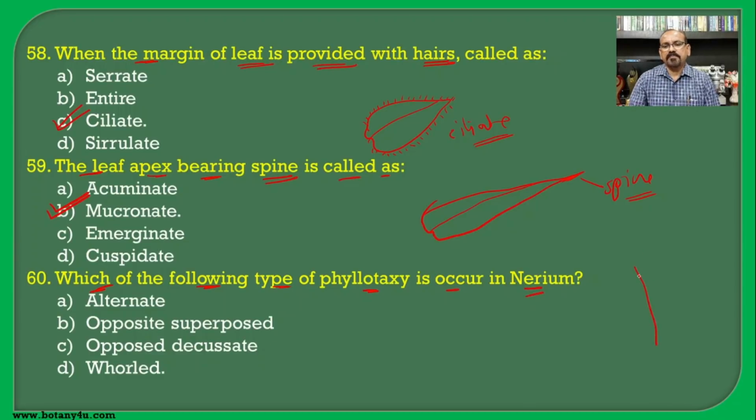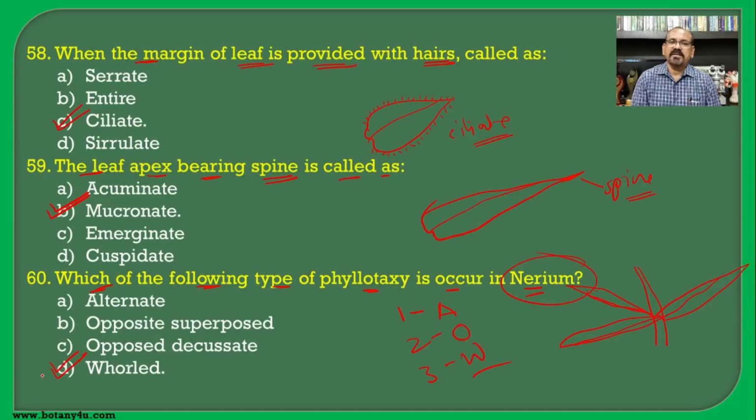In Nerium you may find such a type of the development of the linear type of the leaves, and there is development of 3 leaves from each node. And earlier we have seen development of one leaf, that is alternate, development of 2 leaves, that is opposite, and development of 3 or more leaves, that is known as the whorled type of the phyllotaxy. And hence, as in the Nerium there is a development of the 3 leaves from the node, that is known as the whorled type of the phyllotaxy.